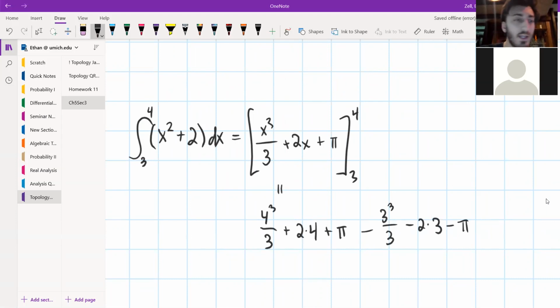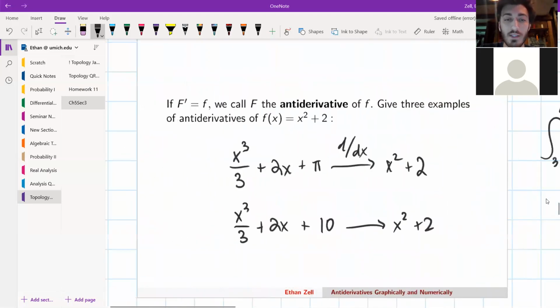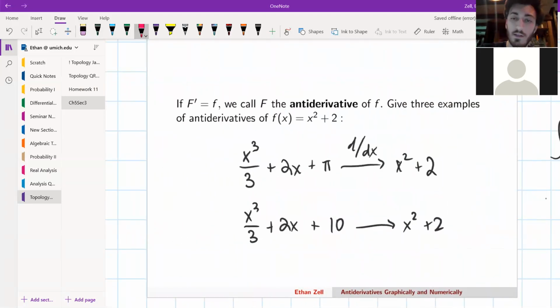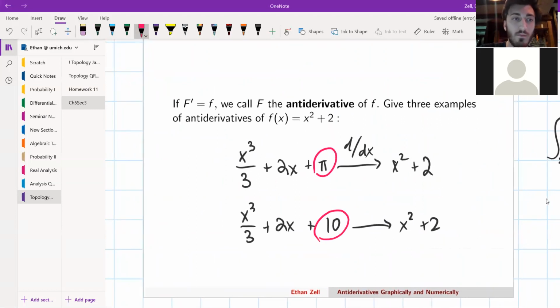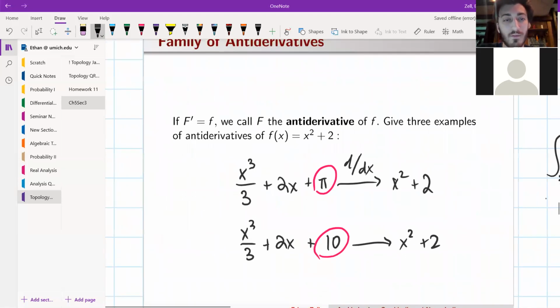pi. So any constant that I had on the outside for this big F is always going to be added over here and subtracted over here. In other words, they're always just going to cancel each other out. So my big F doesn't care what this constant is on the outside. This constant doesn't matter, whatever I'm adding on the end. That's why I'm saying these antiderivatives are not unique. There's a whole family of them for any little f.